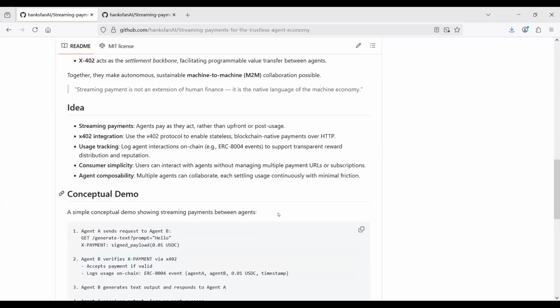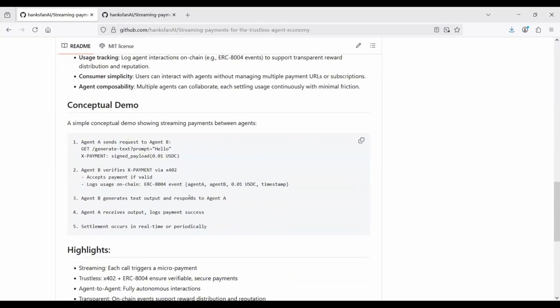I think it's the last one. It's not prepaid or postpaid. It's in real time.